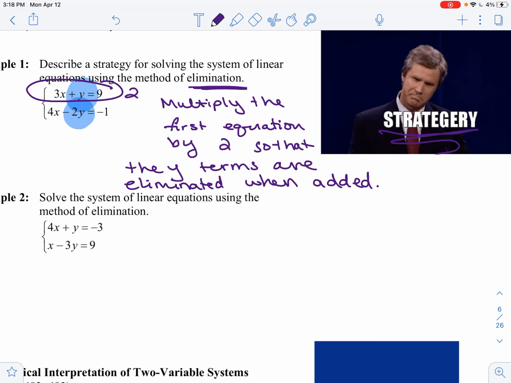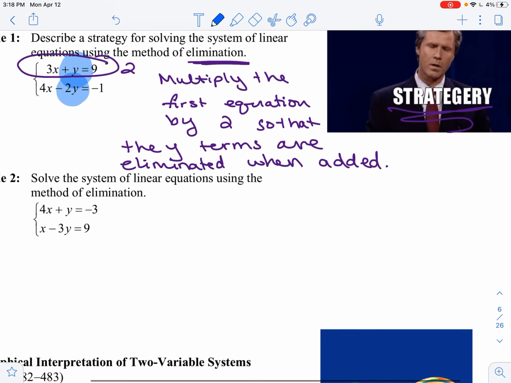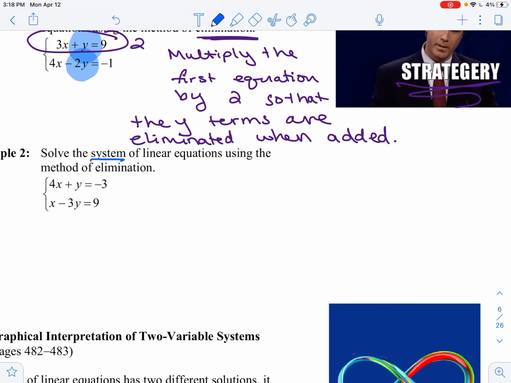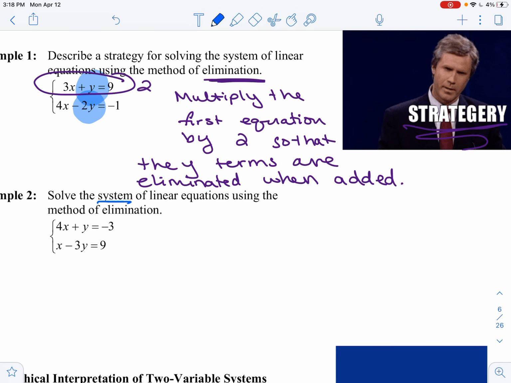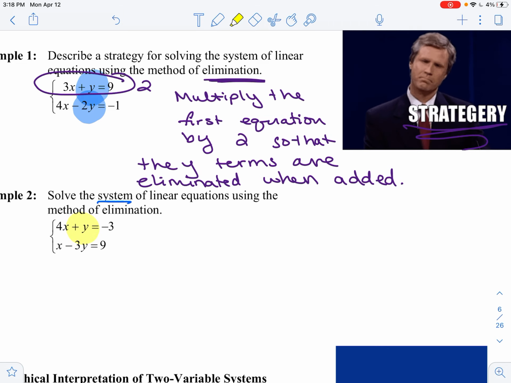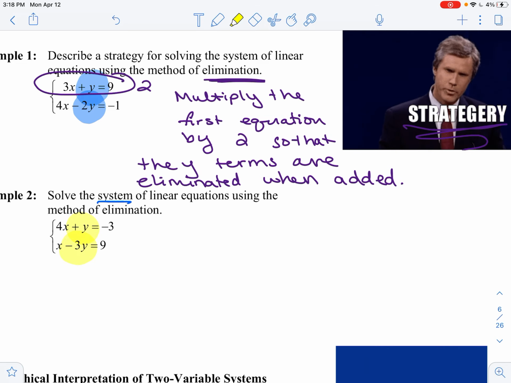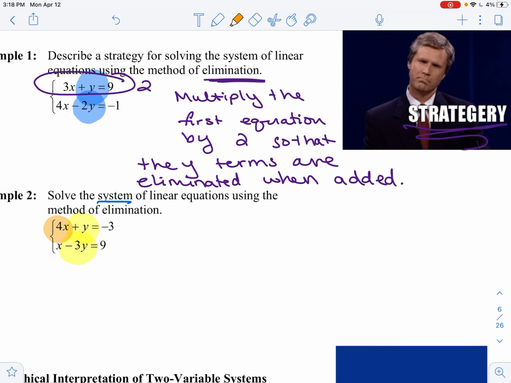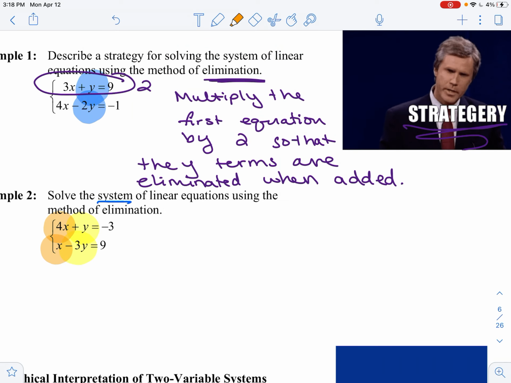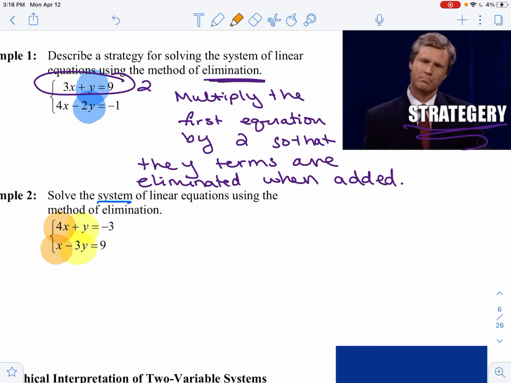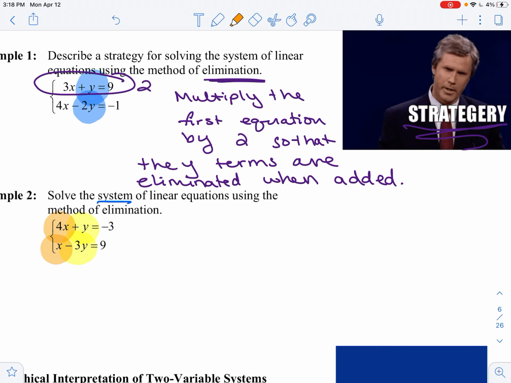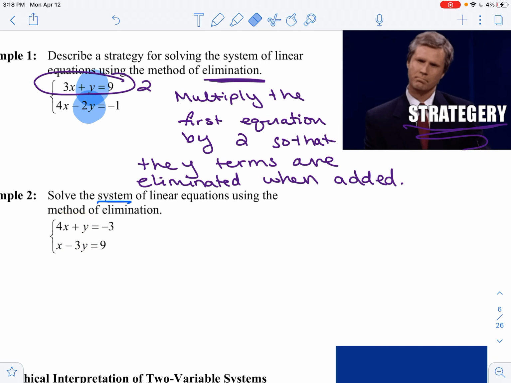So let's go ahead and do one for an example. We're going to solve the system of linear equations using the method of elimination. One thing I like to do first is look at it and say, okay, what am I going to be doing here? Honestly, this one can go either way. I could multiply the top one by 3 to get 3y, and then this would be a negative 3y down here. I also see that on the x's, this is a 4x, and this is an x. So it's equally easy to choose x or y.